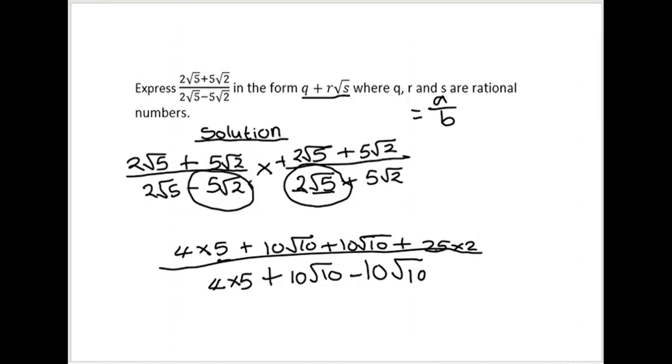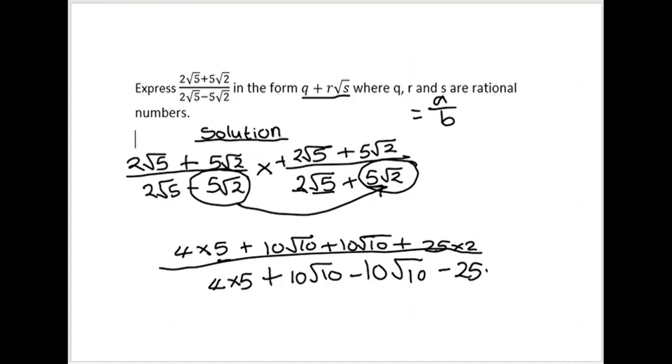And then the last step is minus 5 root 2 times 5 root 2. So minus times plus is minus, 5 times 5, 25. Root 2 times root 2 is 2.